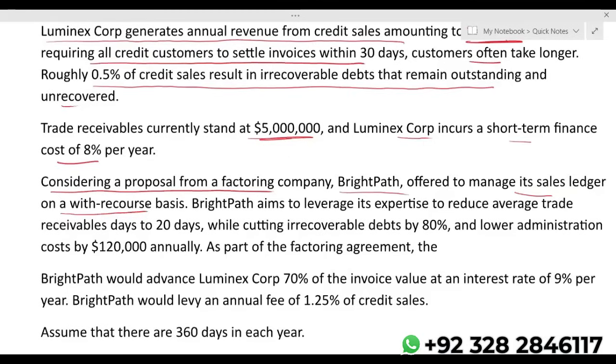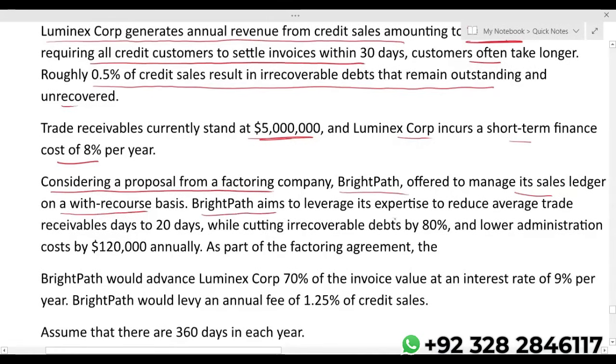If factor company says your bad debts will be reduced by 60%, then just take the saving of that bad debt by 60%. But when it is a non-recourse factoring, your bad debts are actually insured, then 100% bad debt will be saved. But in case of with recourse, if factor is mentioning any percentage, I will take that percentage, otherwise I will not take it. It's a with recourse basis.